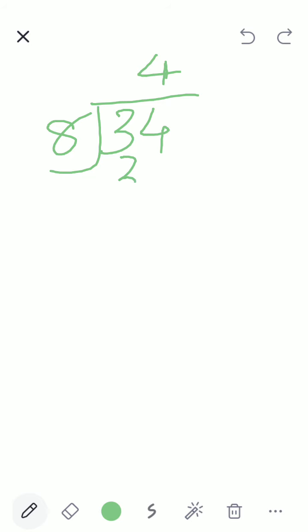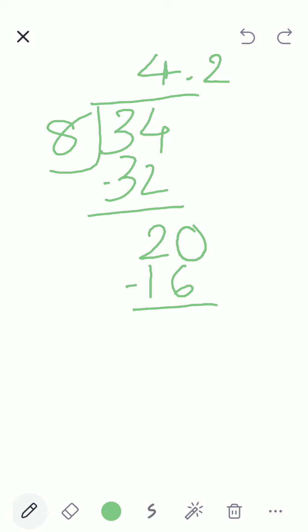8 fours are 32. Remainder 2. Then I will put point. First division I'm doing. So the 2 I get 20 equal pieces, smaller pieces. Everybody will get two equal pieces out of that.